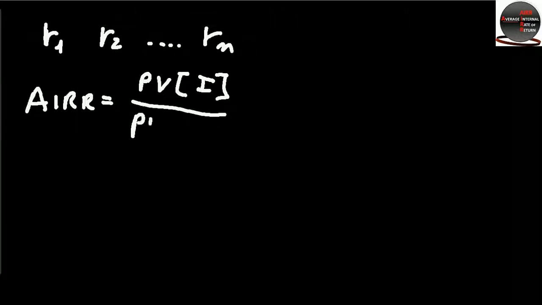When the cost of capital is time varying and we have a sequence of cost of capital R1, R2, Rn, we have seen that the AIRR, the project's rate of return, is computable as present value of incomes divided by present value of capital times 1 plus the first period cost of capital.